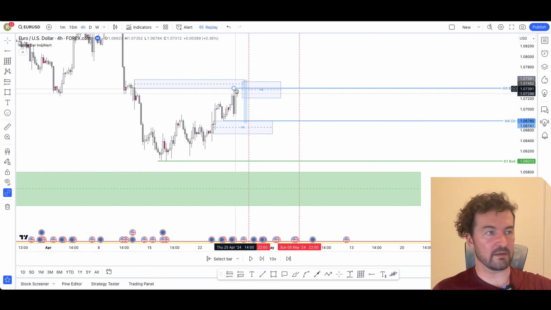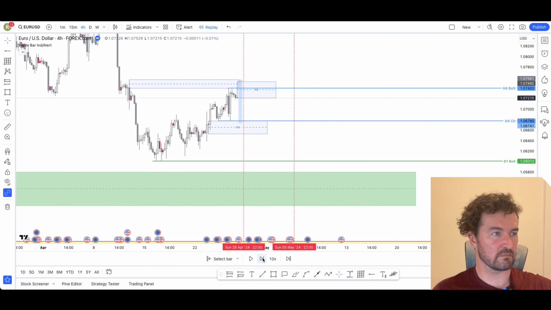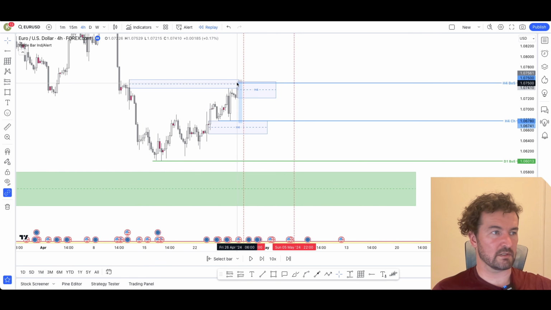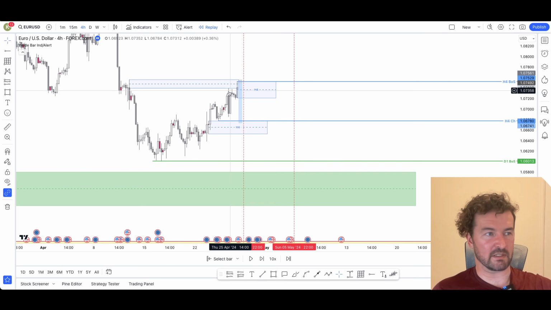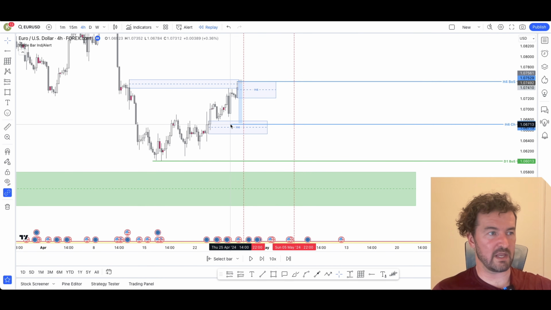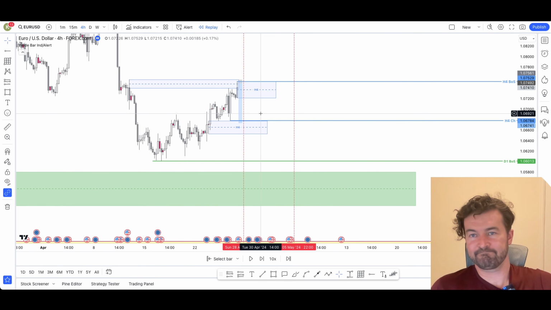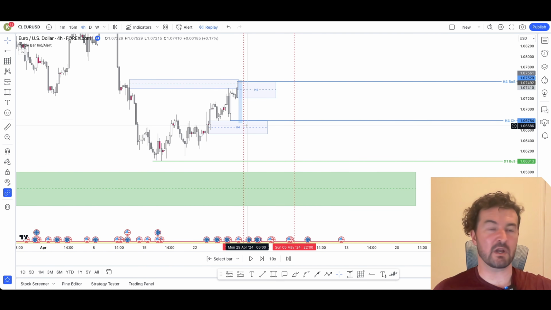So we didn't get a break. But we did there. Okay, so yeah, I remember that now. Okay, so BOS went up to there and CHoCH moved ever so slightly, about half a pip. Sometimes it happens. Which means for us to switch our bias and get short, and really get short.